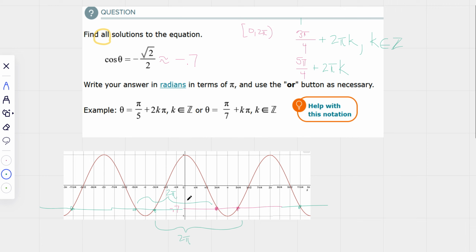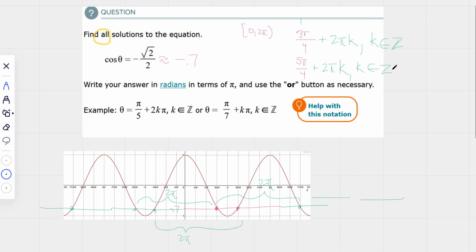In other words, I can go from this initial solution of 3 pi over 4, 2 pi units to the right, and then 2 more pi units to the right, and then 2 pi units more to the right, and just keep going infinitely, but they've got to be whole values. If I'm going to the left, I am going to have negative whole values, and so that means that these values must be integers. That's what's going on with this notation.